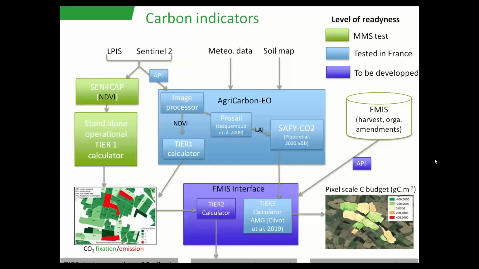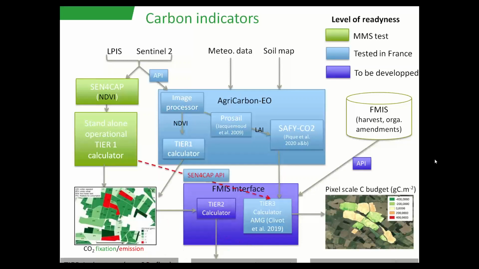And this information is then injected in this FMIS interface in the tier 3 calculator that contains a soil module, and that allows them to produce some pixel scale carbon budget maps, as you can see on the bottom right.